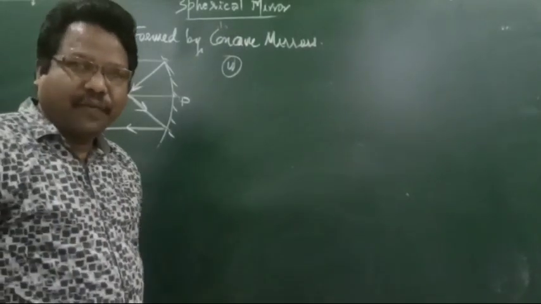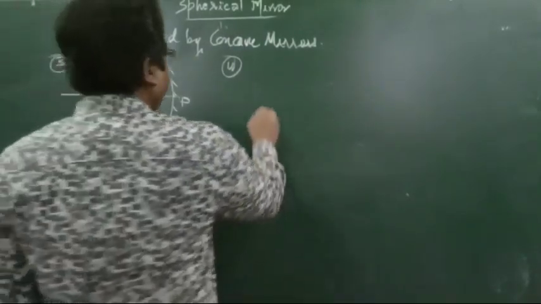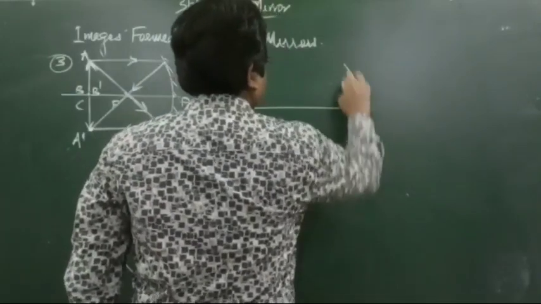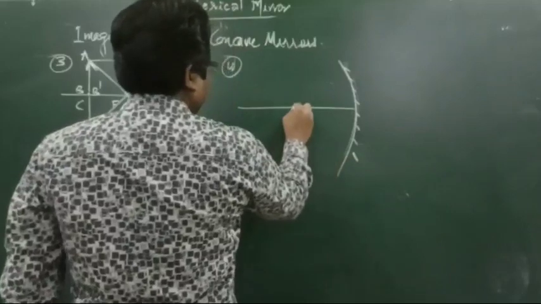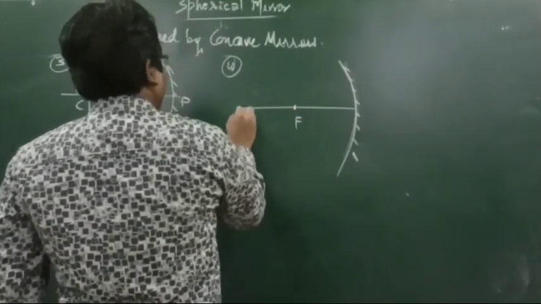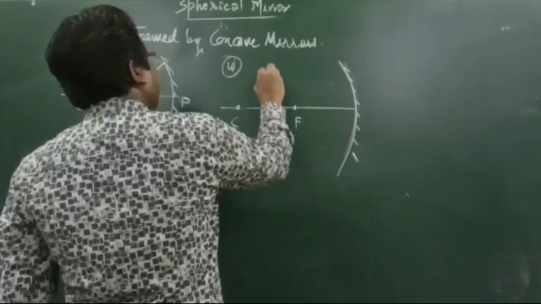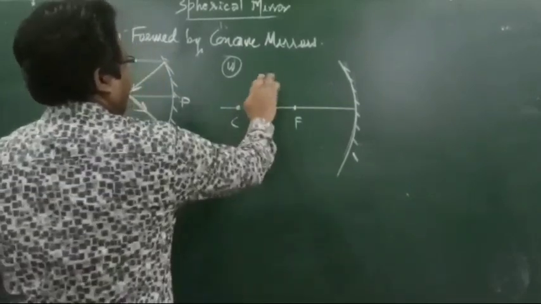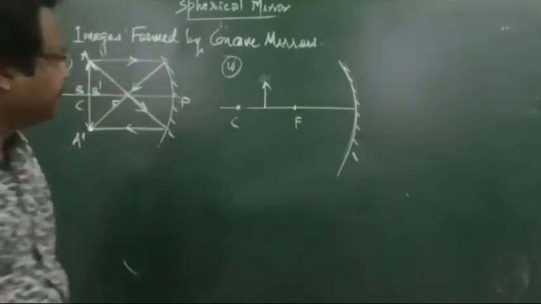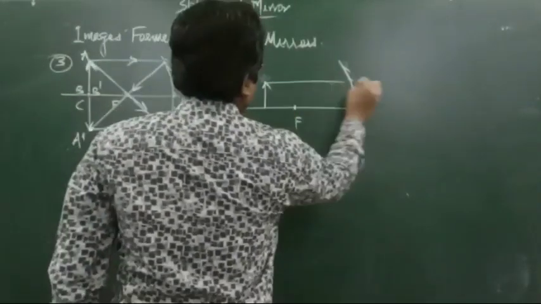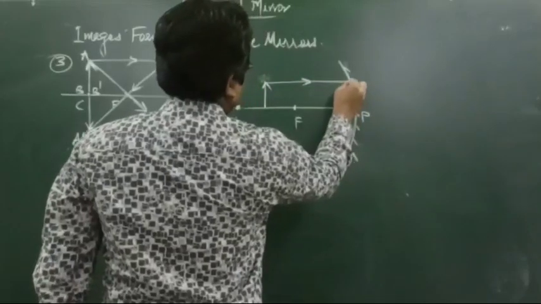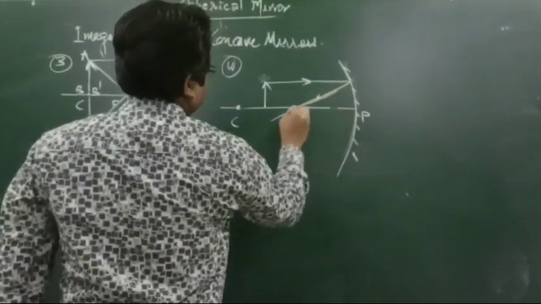Next case is what? Suppose we have another case where we keep the object between the focus and the center of curvature. Okay. In this case, a ray incident parallel will pass through what? The focus.